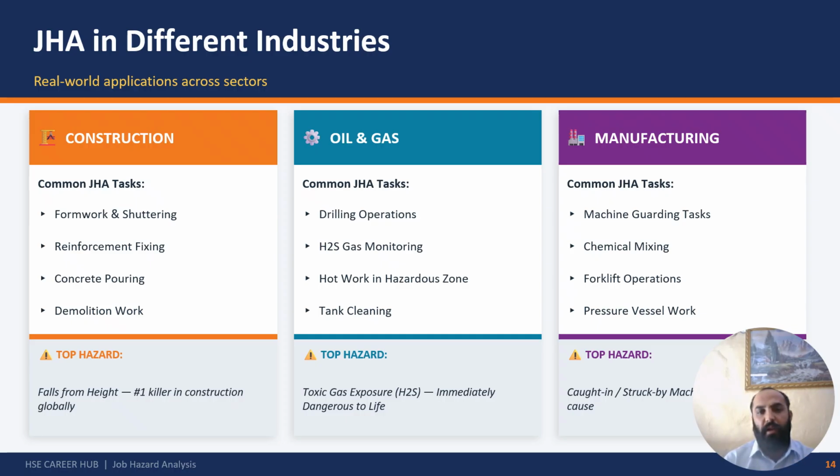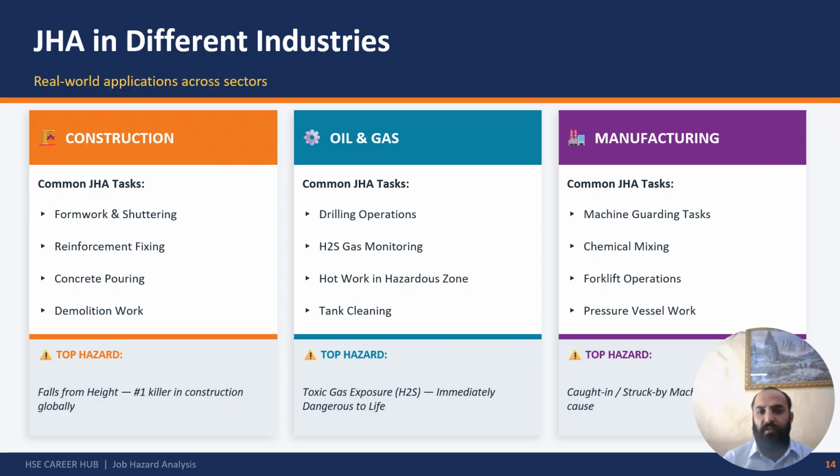The number one killing in construction industries globally is falls from height. So every year, every country observe this hazard, fall from height. If your JHA for any working at height task is weak, that's a life-threatening gap.